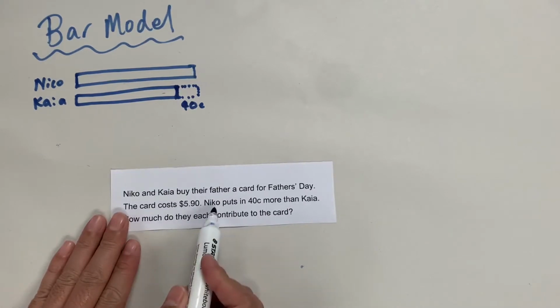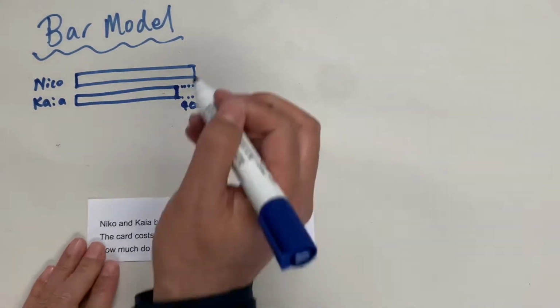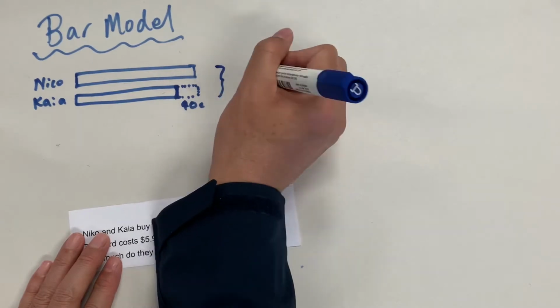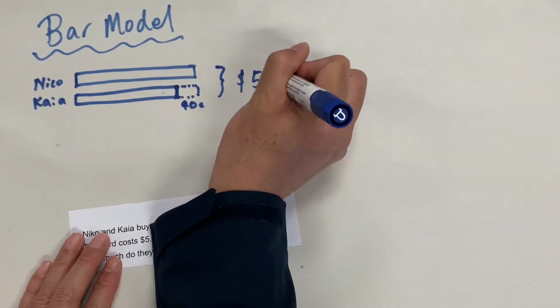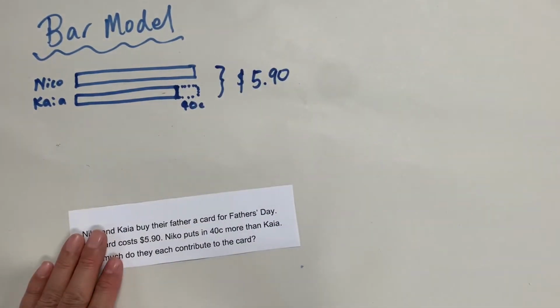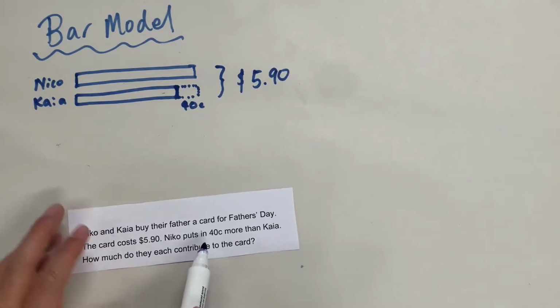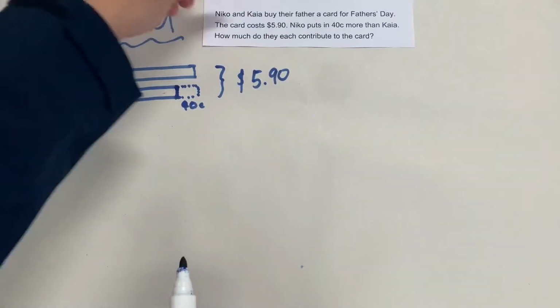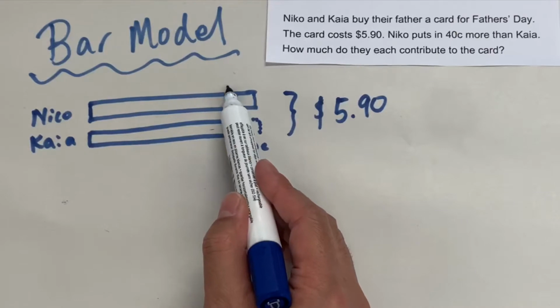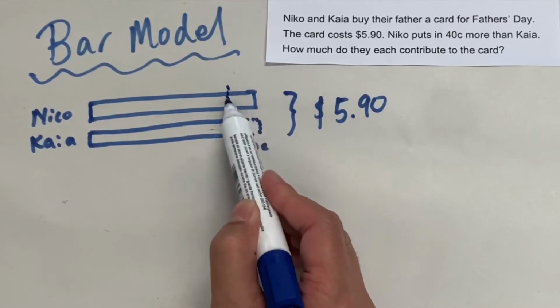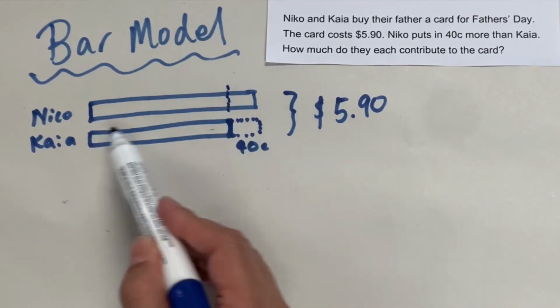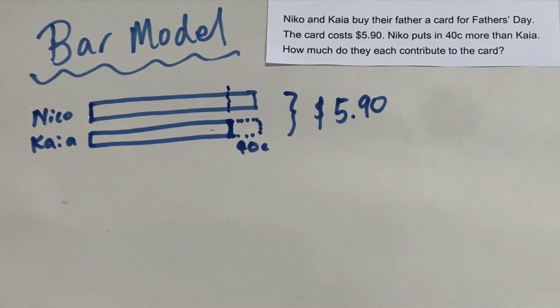And altogether, that is going to be $5.90. If I add them together, this is $5.90. So when you look at it, if I get rid of 40 cents here, Nico and Kaya will be exactly the same.